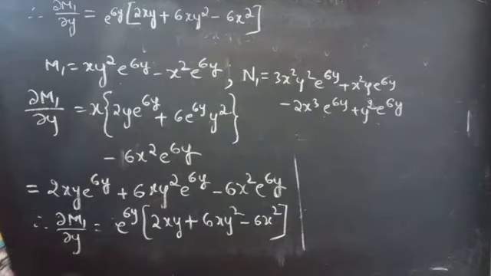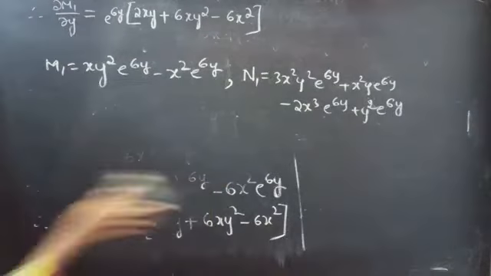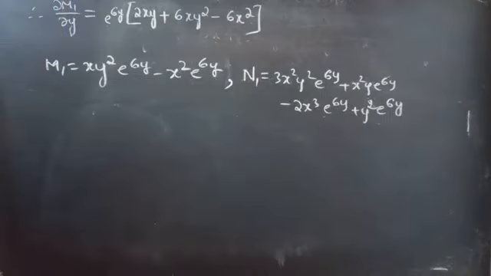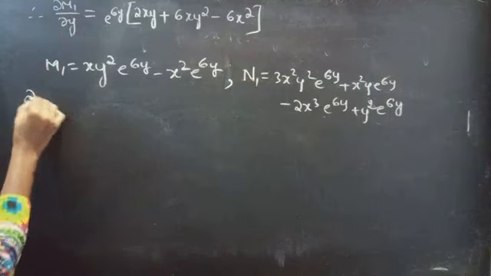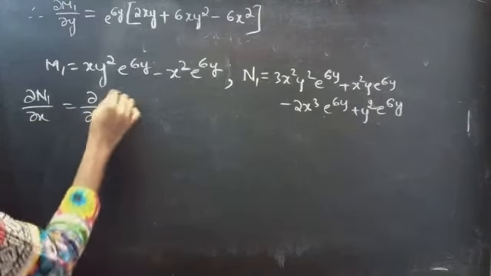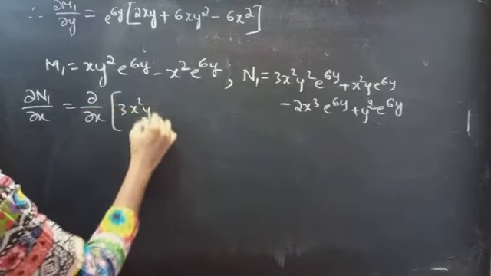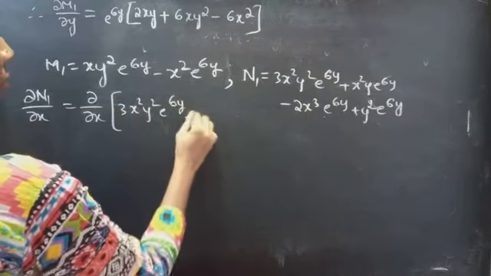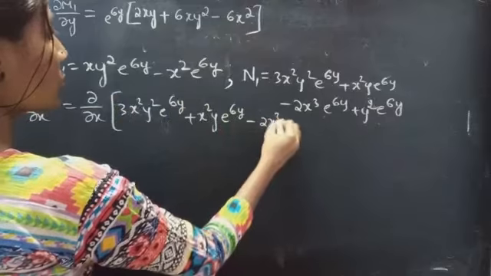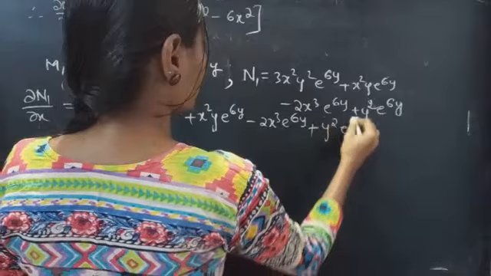Now let's find the partial derivative of n1 with respect to x. Partial derivative of n1 with respect to x equals dou by dou x. So for n1, 3x square y square e power 6y plus x square y e power 6y minus 2x cube e power 6y plus y square e power 6y.